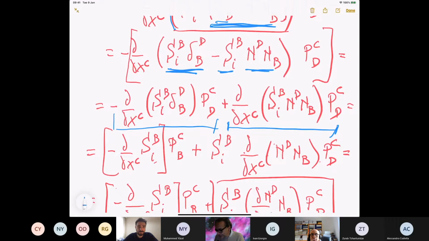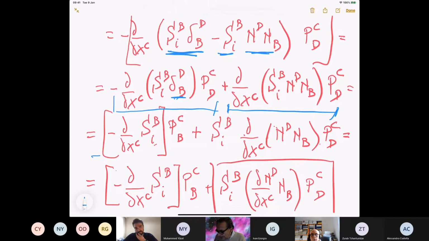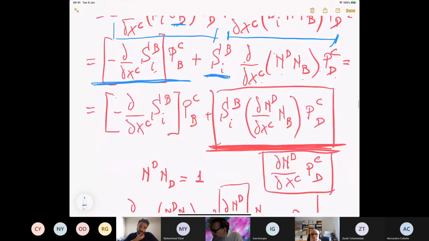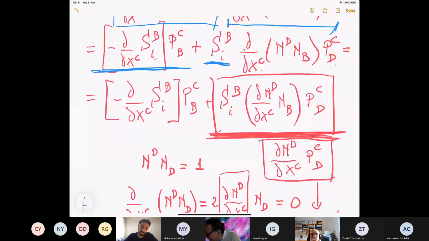Delta goes out. It is a constant. So you have the divergence of S_ib along the surface. Okay. And you have S_ib d over dx_c of n_d and the projection. Okay. Now, d over dx_c of n_d times n_b P. Okay?